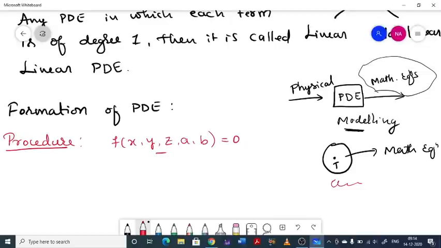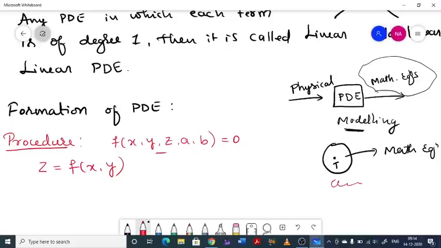So you will be given f of x comma y comma z comma a comma b equal to 0. a and b are some constants. You can take 2 constants, 3 constants, 4 constants, any number of constants. That is not a matter. So here z will be a function of x and y. z equal to f of x comma y. This will be the input, f of x comma y comma z comma a comma b equal to 0.